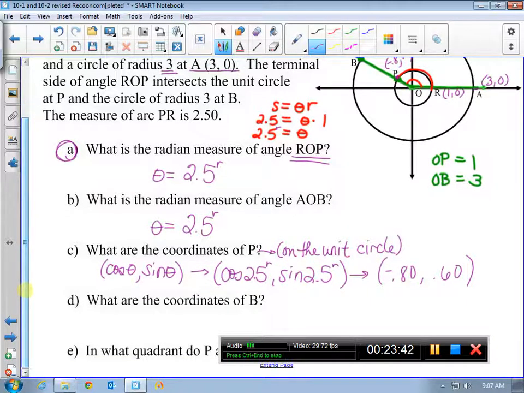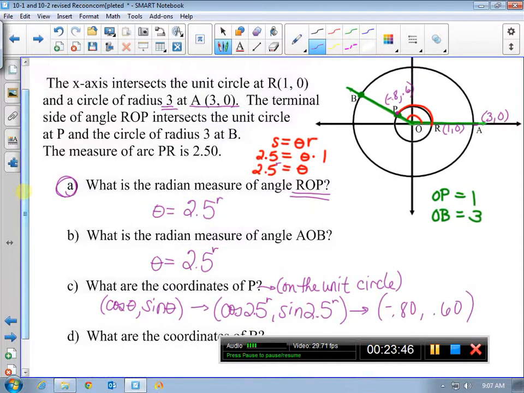Part D, what are the coordinates of point B? Well, point B is way out here on the bigger circle. So let's make a triangle for our reference angles. We know that the radius is 3. And we know that the angle is 2.5 radians.